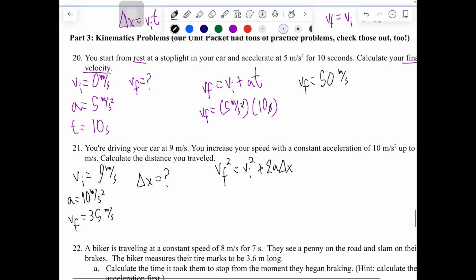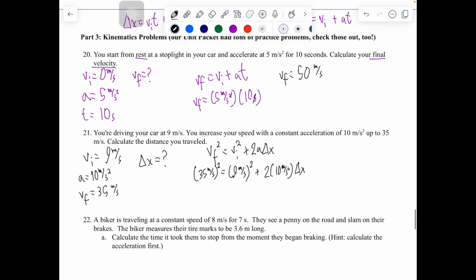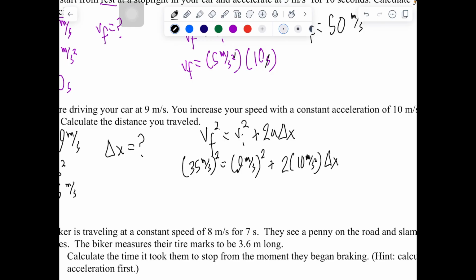And now we'll go ahead and solve. Make sure when you're squaring your units, the numerator and the denominator, they both get squared.